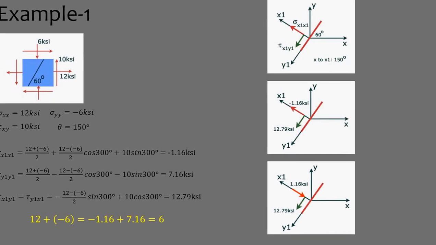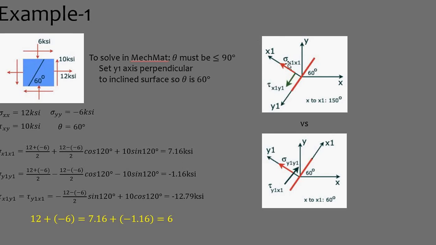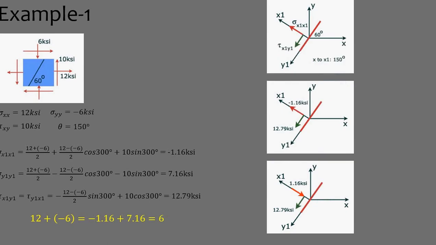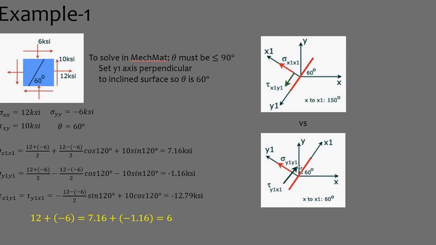So how do we solve this? Well, to solve in MechMat, the theta has to be less than or equal to 90 degrees. So in order to change this so that our theta is less than 90 degrees, instead of putting x1 normal to the inclined surface, like this figure here, which is the setup of how we just solved it earlier, what we can do is set x1 to be tangent to the inclined surface, which now makes y1 normal to the surface.